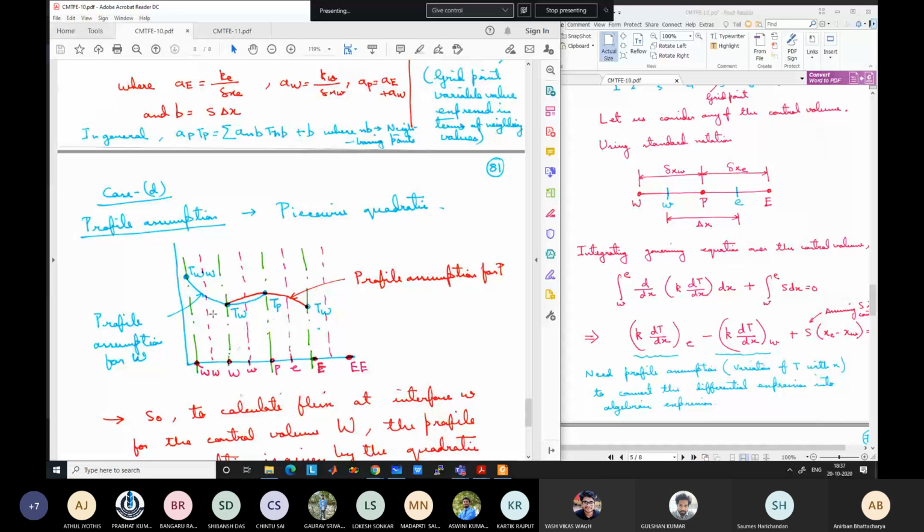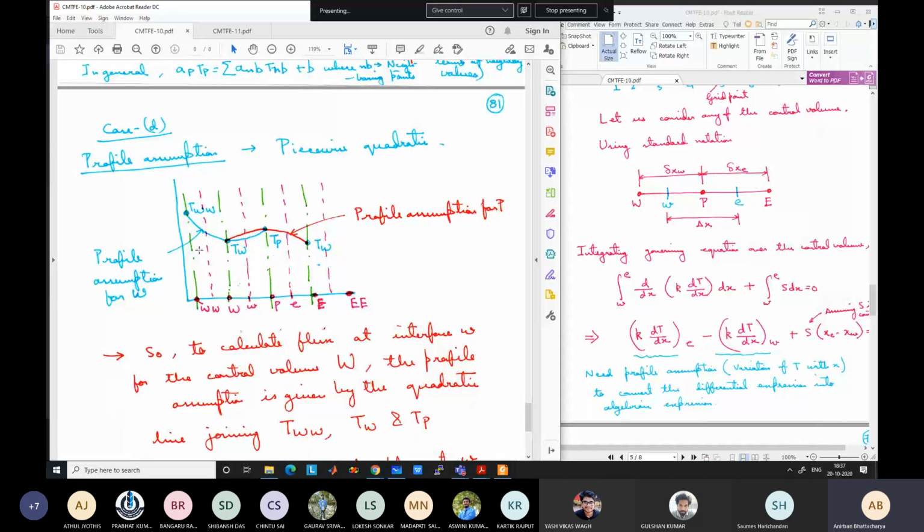Say we want to assume a profile for this control volume W. If we take a quadratic profile, we will take the neighboring grid point values, and based on these 3 points, we can join a line.